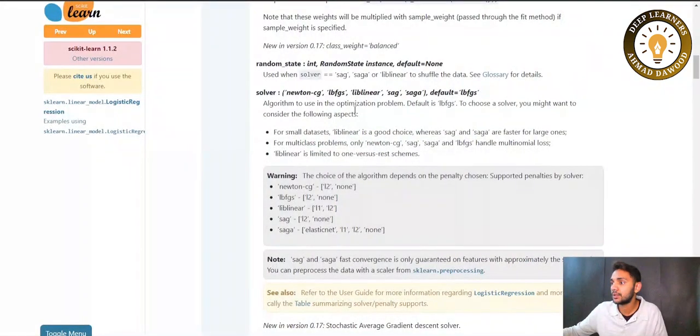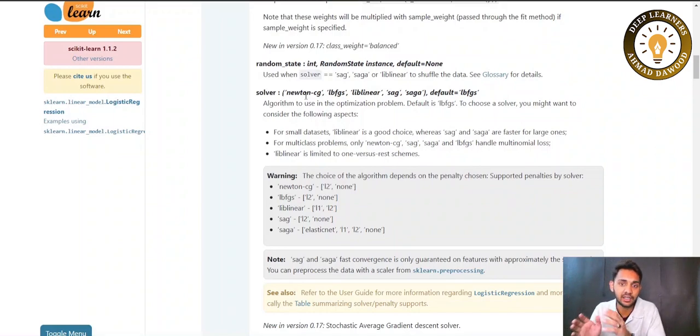Come back here. I am discussing that we can have multiple algorithms to use in our optimization problem. We have discussed gradient descent and it's widely used. There are some other methods like Newton CG, LBFGS, liblinear, SAG, SAGA.